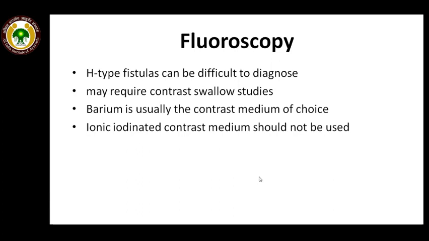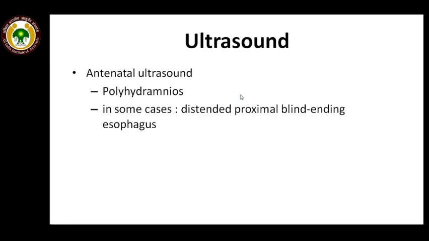Barium is usually the contrast medium of choice, and ionic iodinated contrast medium should not be used. This is a fluoroscopy image of the H type tracheoesophageal fistula. As you can see, this is the trachea and this is the esophagus, and there is a communication which looks like the alphabet H. So for the diagnosis of this type of tracheoesophageal fistula, you require fluoroscopy.